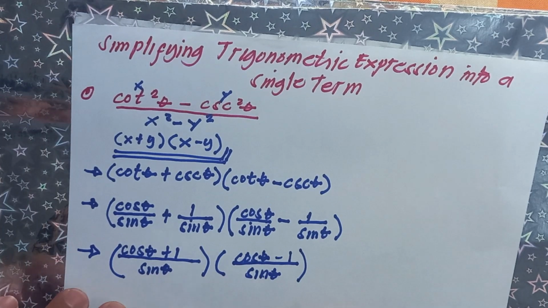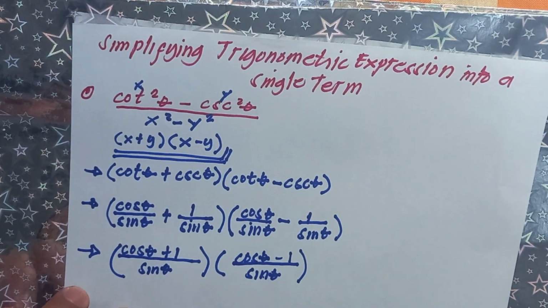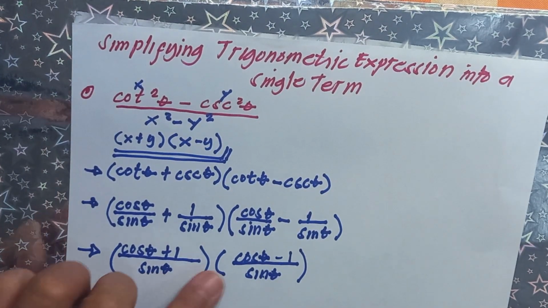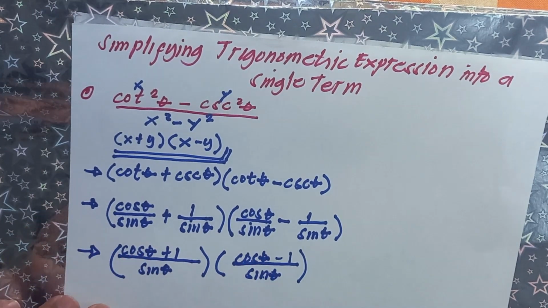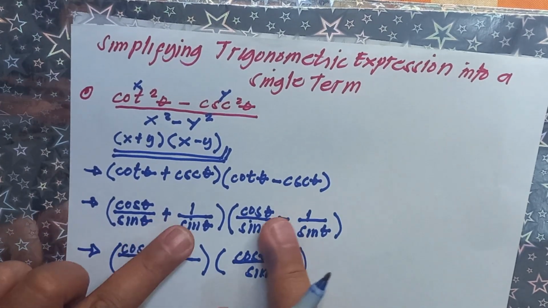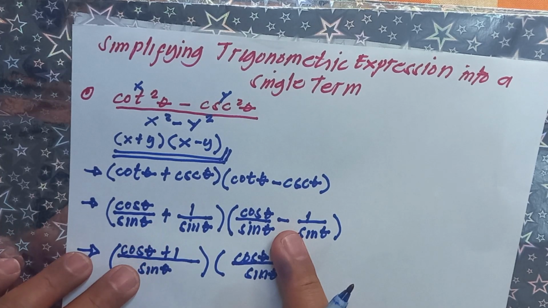That is the resulting sum and product of the trigonometric expression inside the parentheses.